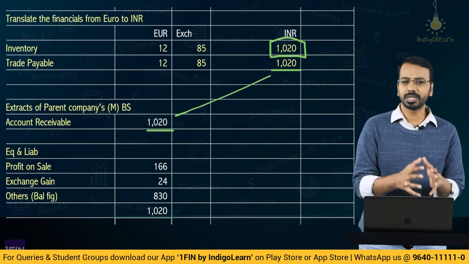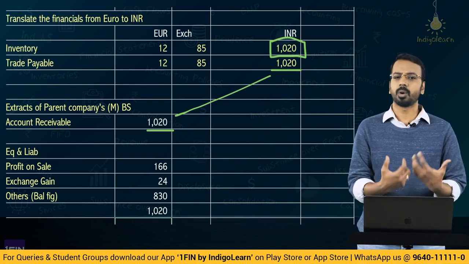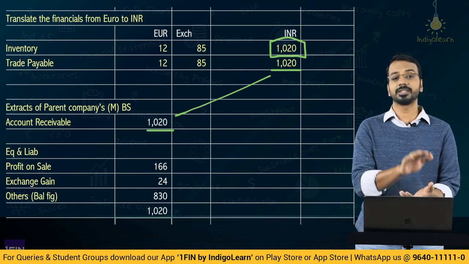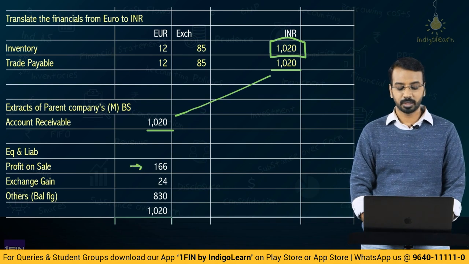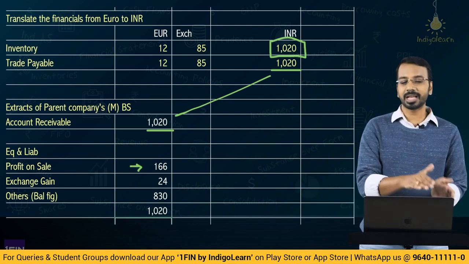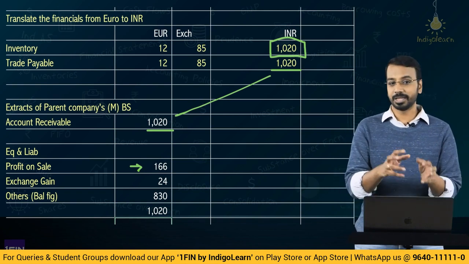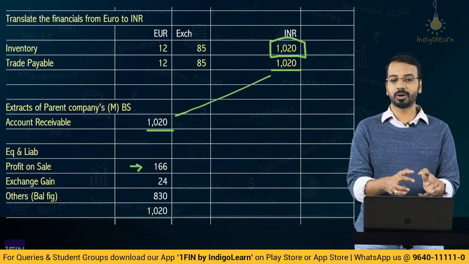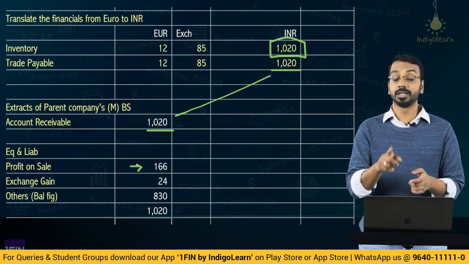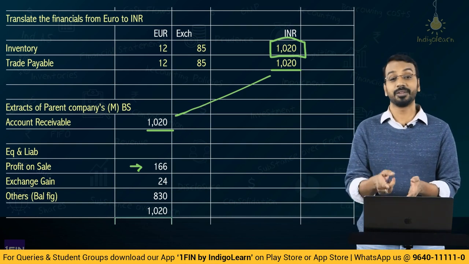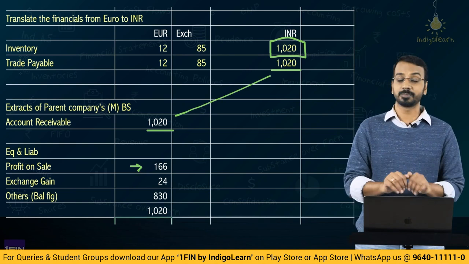Now, this 1020 of inventory that you will incorporate in the financial statement has profits. What are the profits? One profit is the sale profit, which is this 166. Then we have translated this at a higher rate. See, sale was booked at 83. So, the notional cost to the subsidiary should be at 83 only. But now we have converted it using 85. So, additional 2 rupees of profit on translation of that item appears, right.